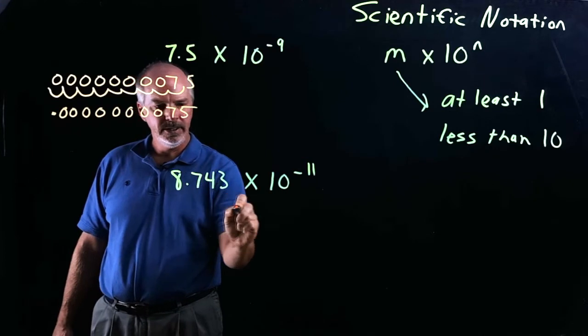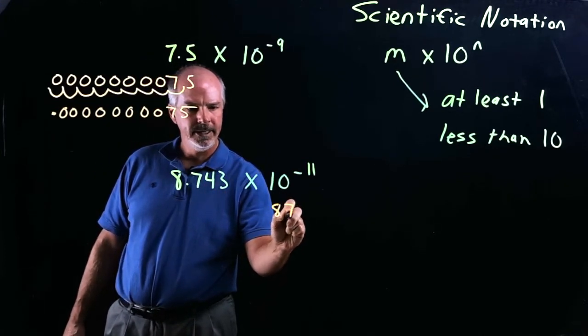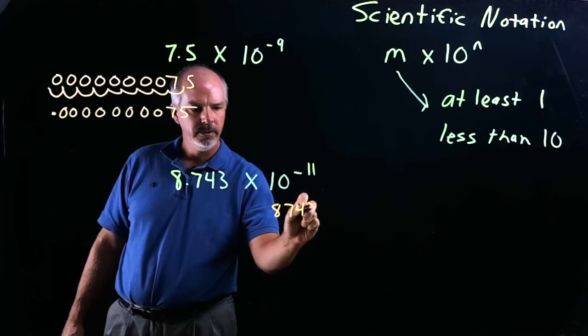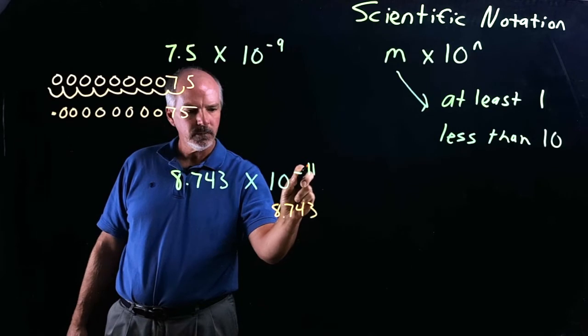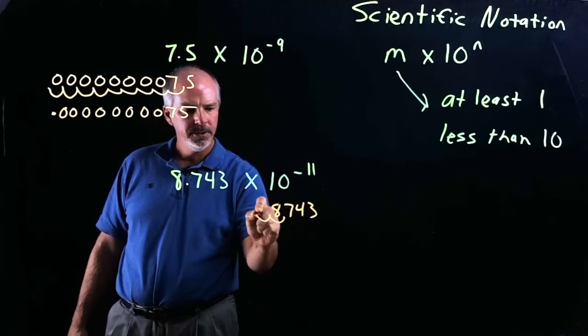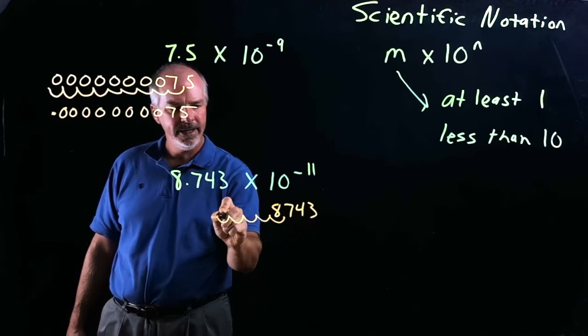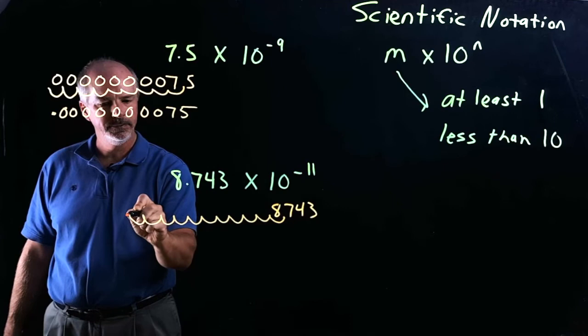Okay, let's do another one. All right, so let's write our number. 8, 7, 4, 3. We're going to start with the decimal here. And we're going to be moving 11 places. 1, 2, 3, 4, 5, 6, 7, 8, 9, 10, 11.